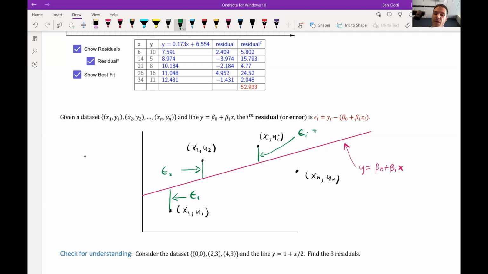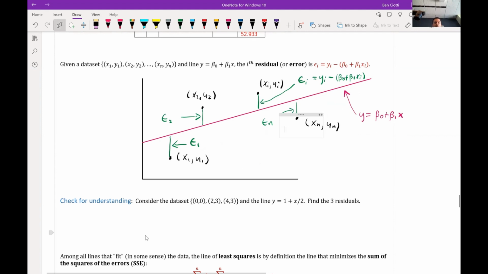So that's the actual y value minus the predicted y value, beta 0 plus beta 1 x sub i. Here the epsilon n.